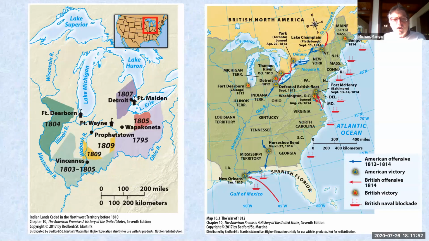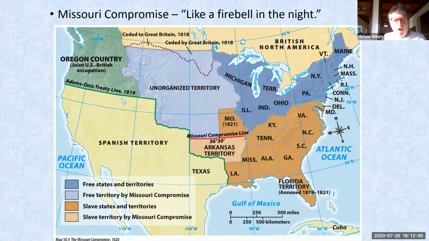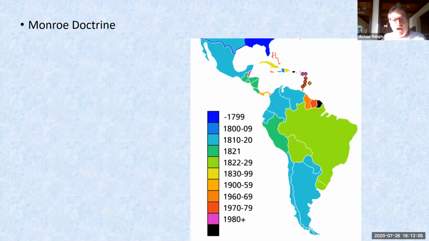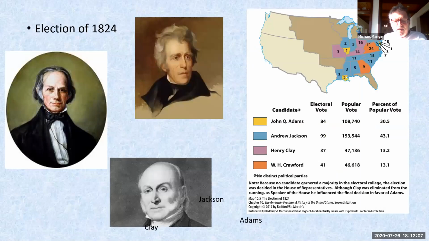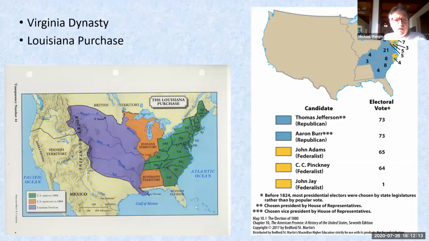We're going to look at the decline of the Federalists and the court cases that marked the era. We're going to talk about the Missouri Compromise, the Monroe Doctrine, and the election of 1824. All of that is quite a mouthful, but we're going to start with the Virginia dynasty of presidents.